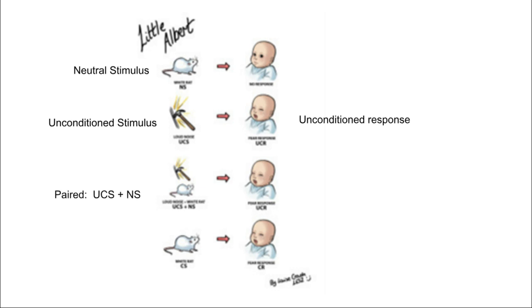As we pair the sound, the unconditioned stimulus, with the neutral stimulus, our white rat, that alone would make the response appear. So Albert would begin to cry. And at some point, just the presentation of this neutral stimulus, which becomes the conditioned stimulus, the rat, elicits the conditioned response. Just seeing the rat will make him cry.